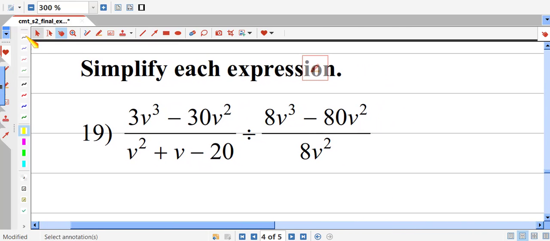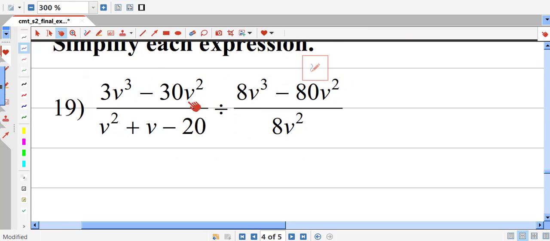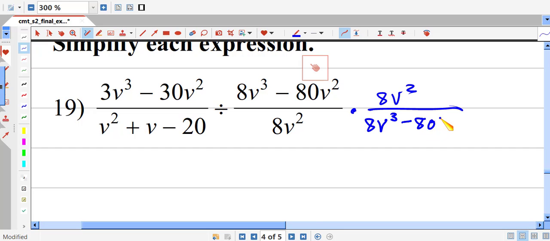Okay, here I have a rational expression to simplify. This is division, so I know that I'm going to end up flipping the numerator and denominator of the second term. So why don't I do that right off the bat? I'm going to rewrite the second term that way instead. And now I have a multiplication problem.